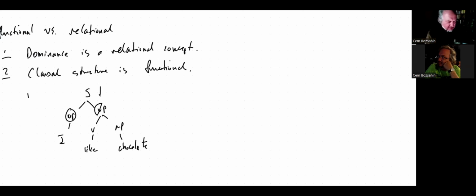Therefore, it's not a function going from top to bottom. Okay? The second one basically says, if you look at this structure bottom up, everything has a single parent, so it's essentially functional.